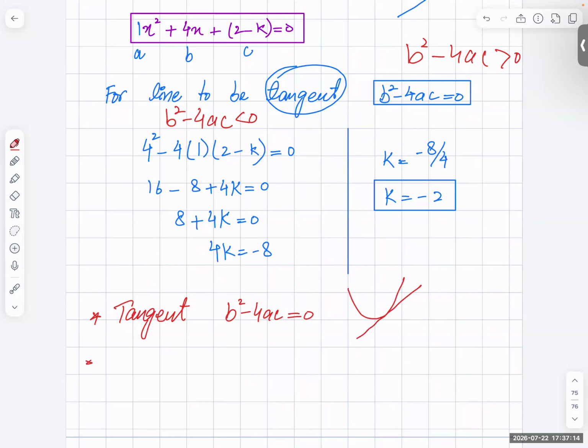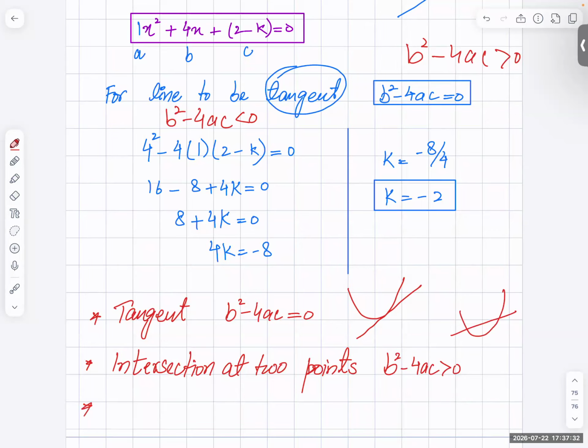If they ask you for intersection at 2 points, then b square minus 4ac is greater than 0.